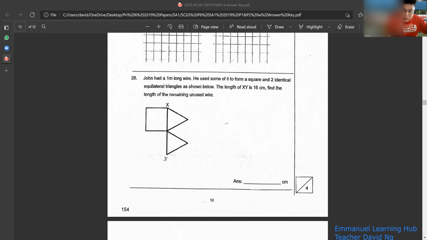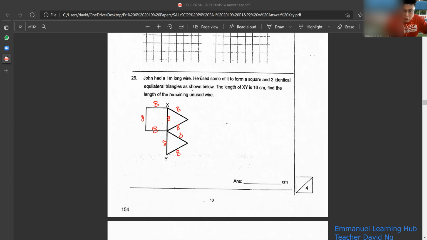Length of XY is 16. So here must be 8, 8, 8. Because XY is 16, and these two are equilateral triangles, that means all three sides are the same length. So it's 8, 8, 8, and this is a square. So this is 8, 8, 8.